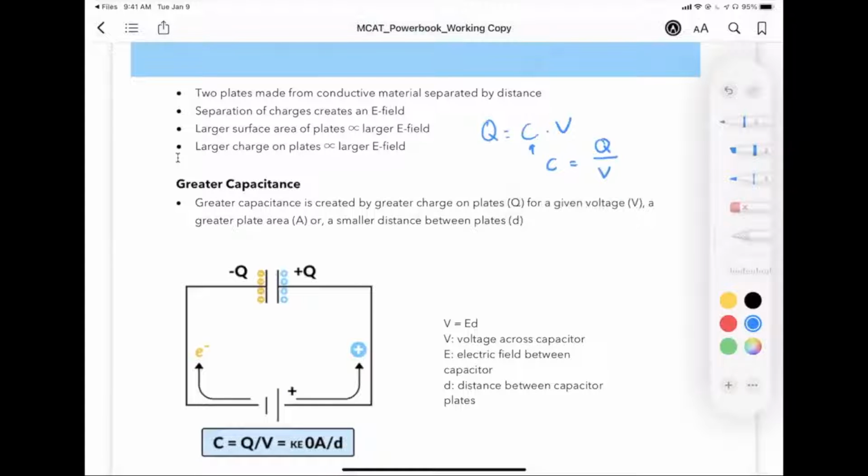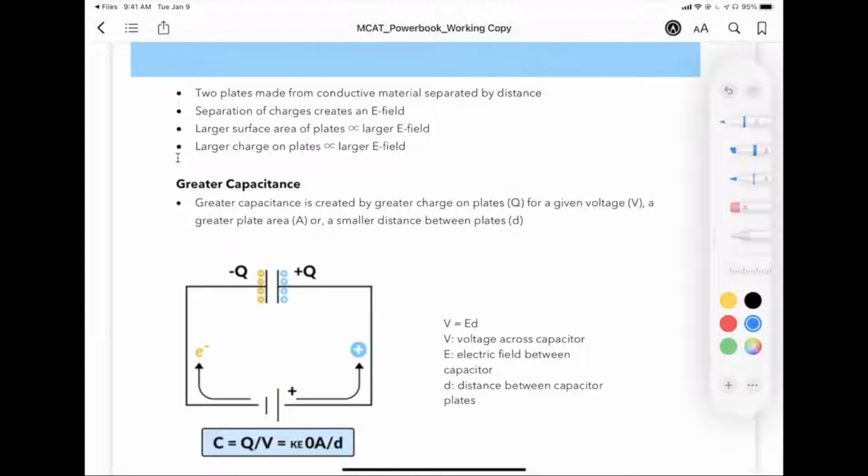Since this is the case, what are some of the determinants of capacitance? That'd be really important to know. There are four main determinants. One is the size and shape of the capacitor. Second is the surface area, a directly proportional relationship: the greater the surface area of the capacitor plates, the greater the capacitance.